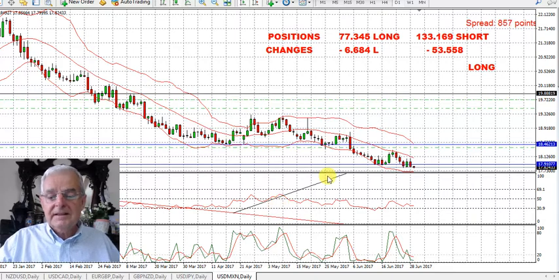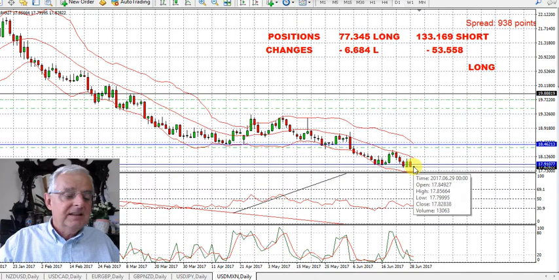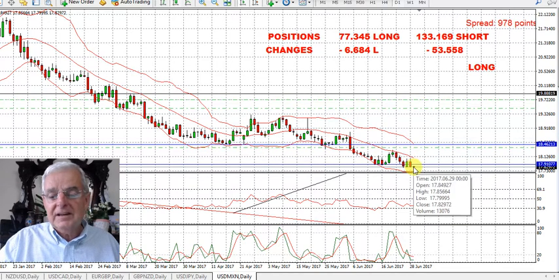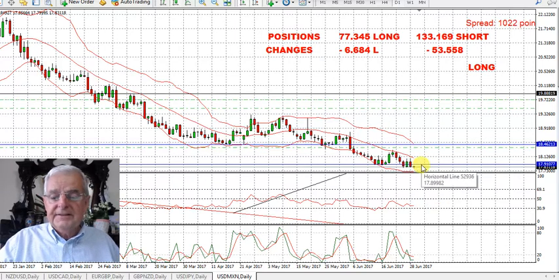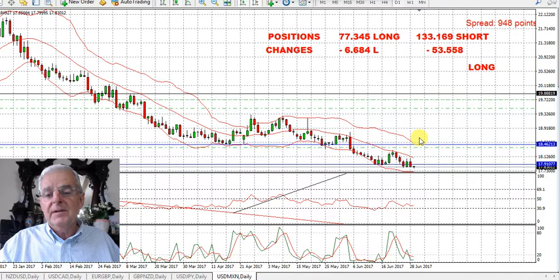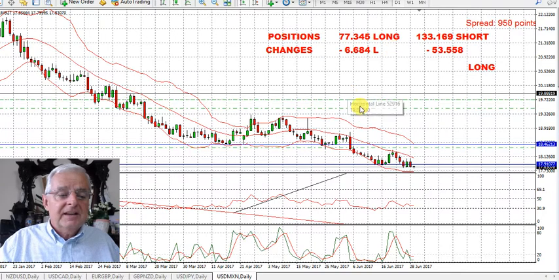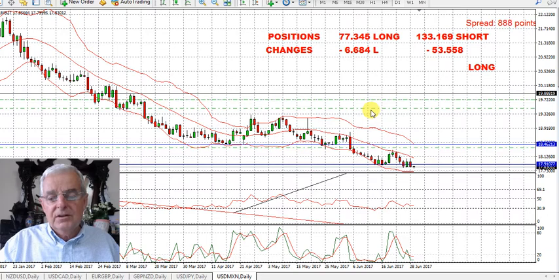USD Mexican peso, again, we've had weakness in the dollar, but we've also had a little bit of weakness in the peso, so not a lot of change yesterday. And the commitment of traders, they're short the Mexican peso, and they're actually a little bit long the US dollar.